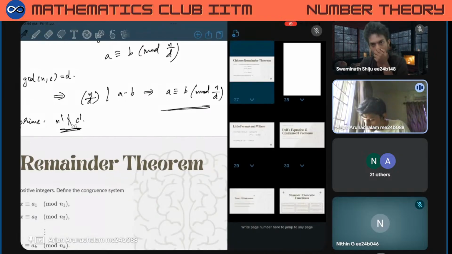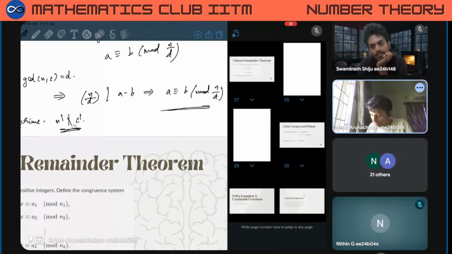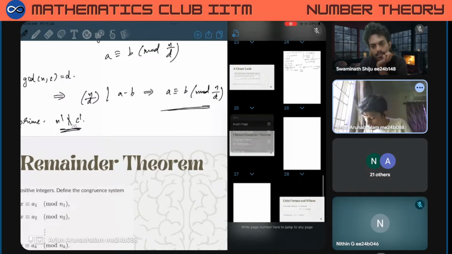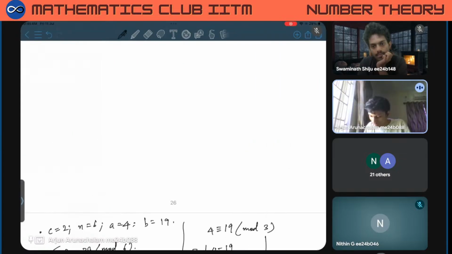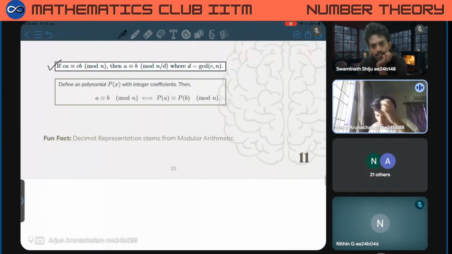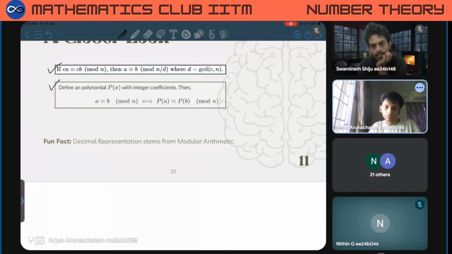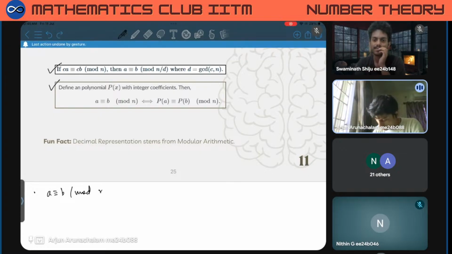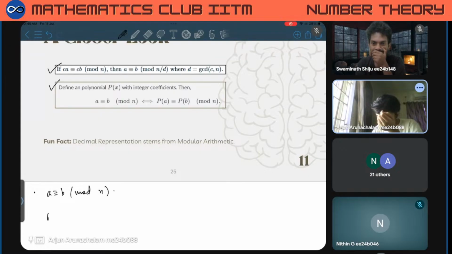And let's now look at the second theorem that's stated there. Wait, I added the wrong page. Yeah, so fine. This is dealing with polynomial representation. So if a is congruent to b mod n, then P of a is congruent to P of b mod n, where P is an integer polynomial, right?